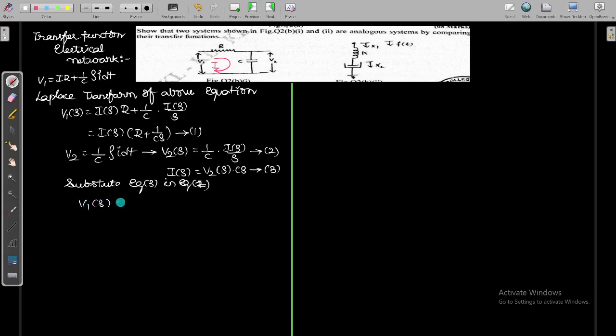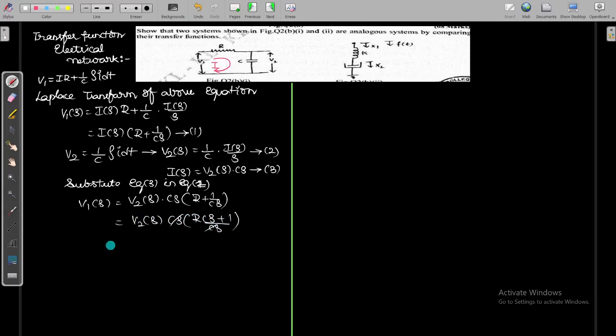V1 of S is equal to, instead of I of S, V2 of S into Cs into R plus 1 by Cs. Taking the LCM, V2 of S into Cs into RCs plus 1 by Cs. So Cs gets cancelled.